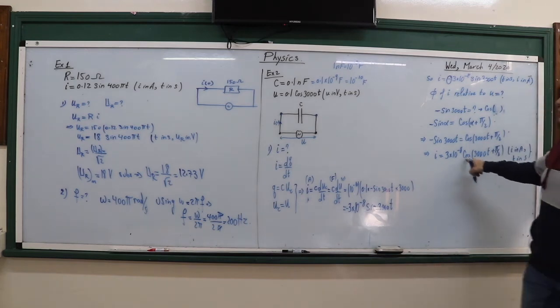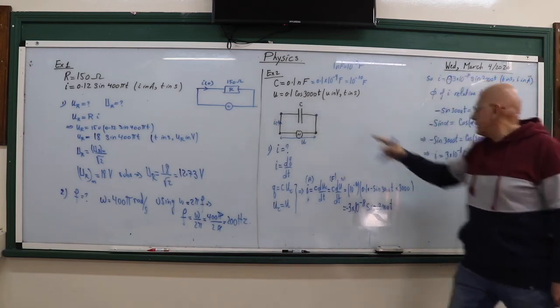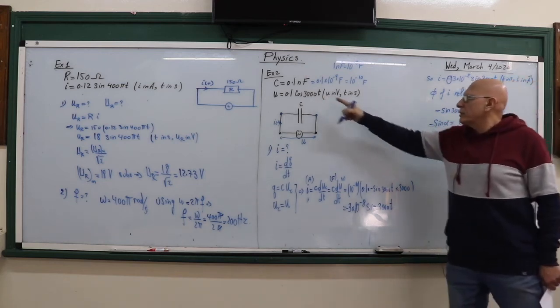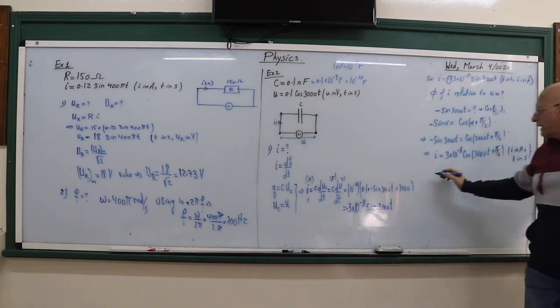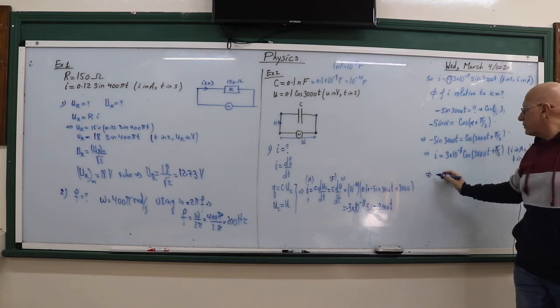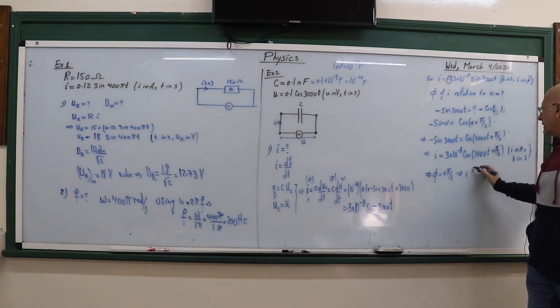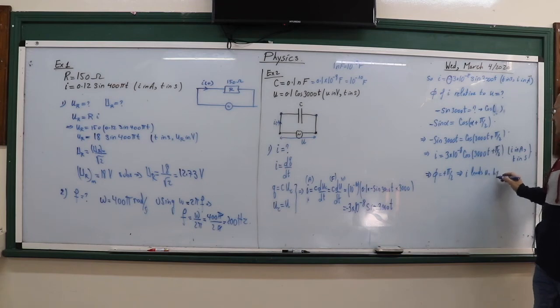You have here cosine omega t plus phi, so here phi 0, here phi plus pi over 2. I deduce that phi equals plus pi over 2. This implies I leads UC by pi over 2.